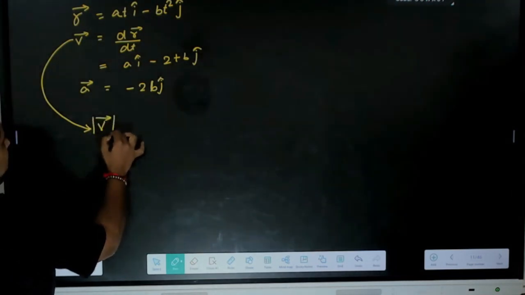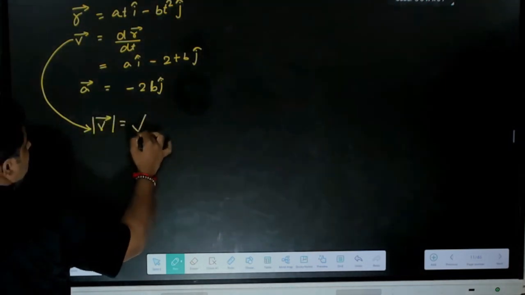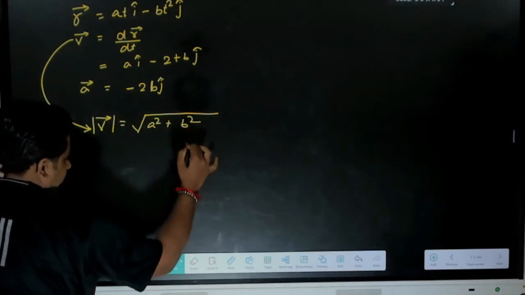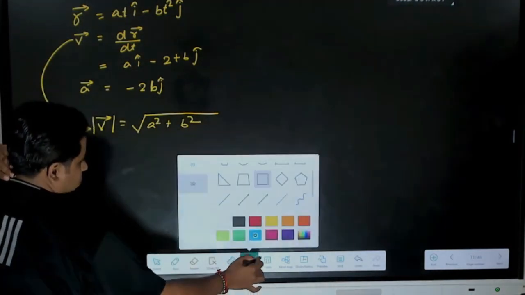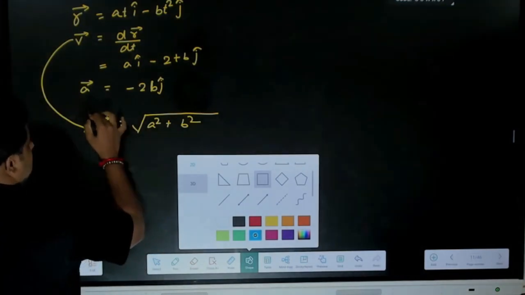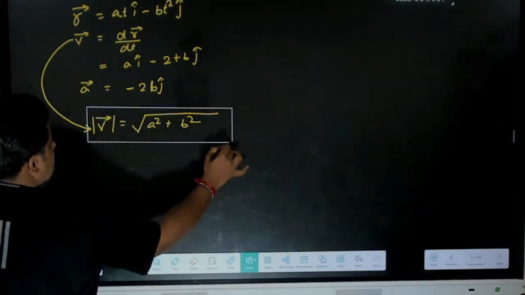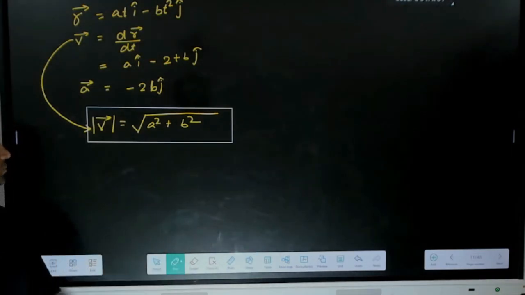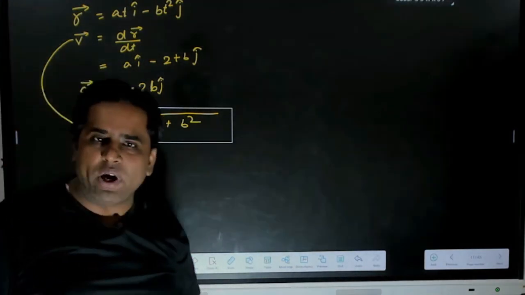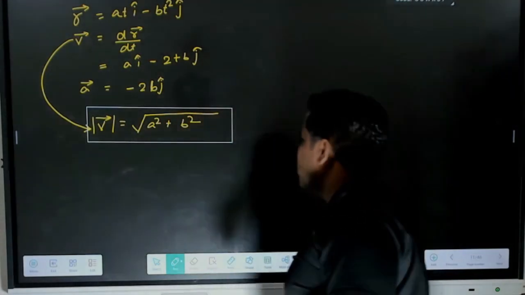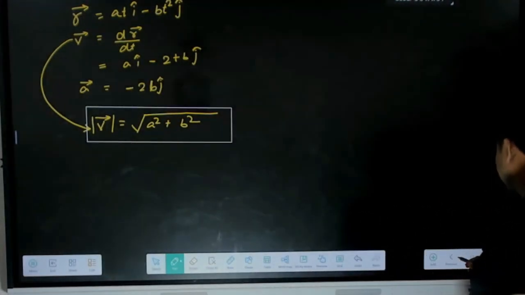We are going to find the magnitude, root under a square plus b square. That way you can find the magnitude or the moduli of a physical quantity which is vector in nature. Are you getting my point? So these are the concepts you must keep in mind.